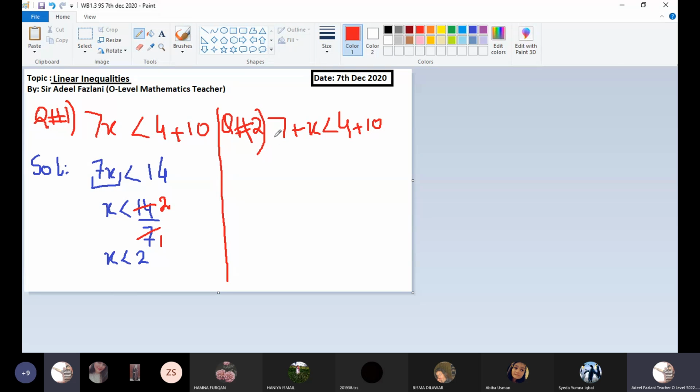So if you look into question number 2, how do you solve it? You will find a great comparison between question number 1 and 2. The common error that students make is to write x is less than 14 minus 7. But 7x is nothing but 7 multiplying with x, 7 times x.